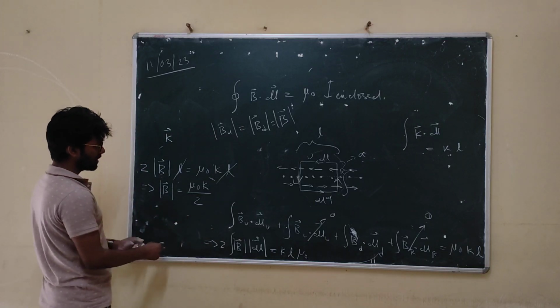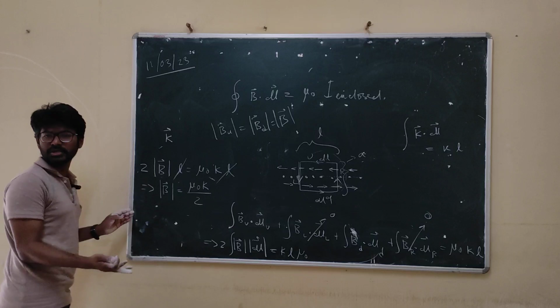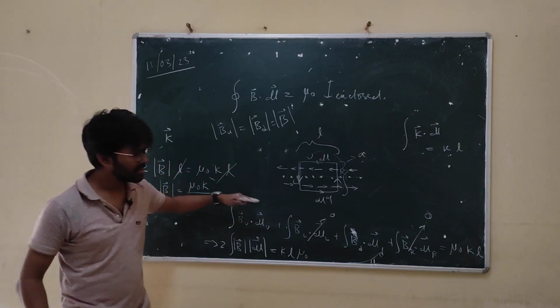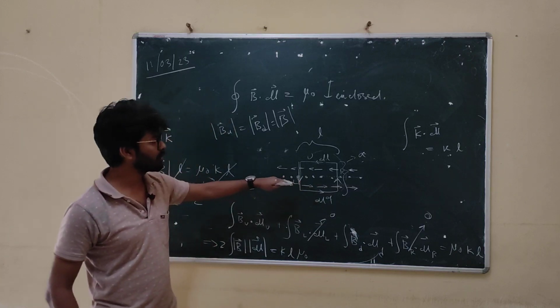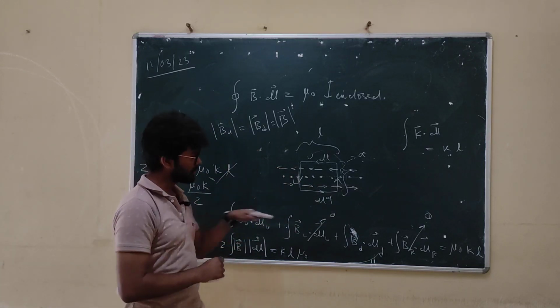So this is my mu naught k by 2, this is my magnitude, and direction we know, right? Upward it will be minus x direction, downward depending on current কোন পিনে গৈ আছে. Current এই পিনে আহিলে ওপৰত এনেকুৱা হ'ব, তলত এনেকুৱা.